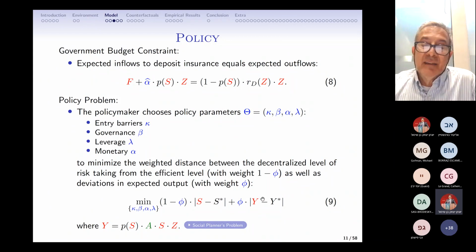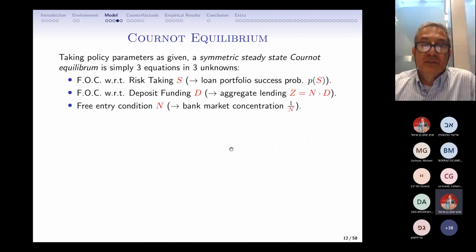Here it's minimizing deviations of expected output from what a policymaker or a planner wants, and deviations of risk taking from what the planner wants. And it has a whole set of policies at its disposal.